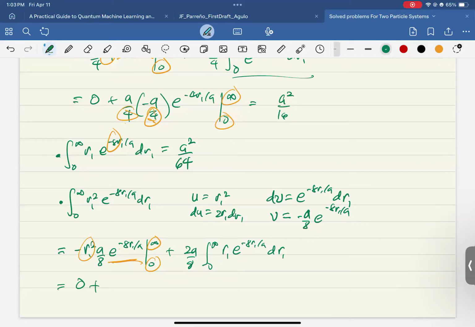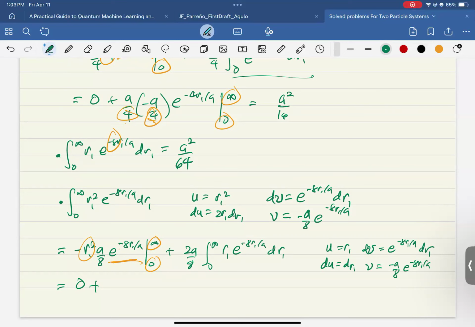Plus, again, integration by parts. So du is equal to dr1, dv is equal to exponential negative 8r1 over a dr1. So v is equal to negative a over 8 exponential negative 8r1 over a.